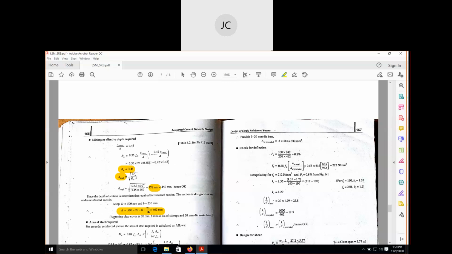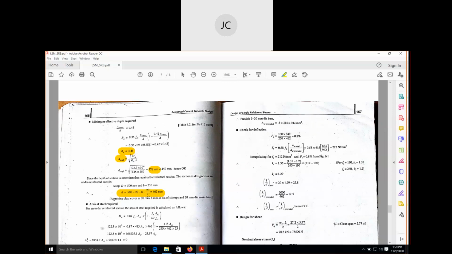We divide it by 2 to get up to the center of the reinforcement. So the actual effective depth provided is 500 minus clear cover minus diameter of stirrups minus half of the diameter of main bar. You can see it is written here.